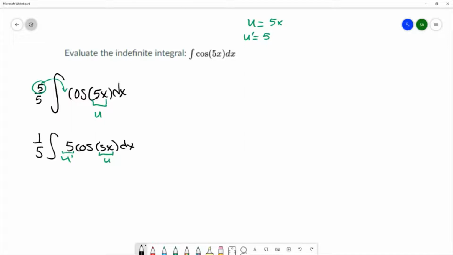In that pattern, let me go ahead and write it out for you before we use it. It is the integral of f of g of x, g prime of x dx. So your antiderivative needs to fit this pattern.